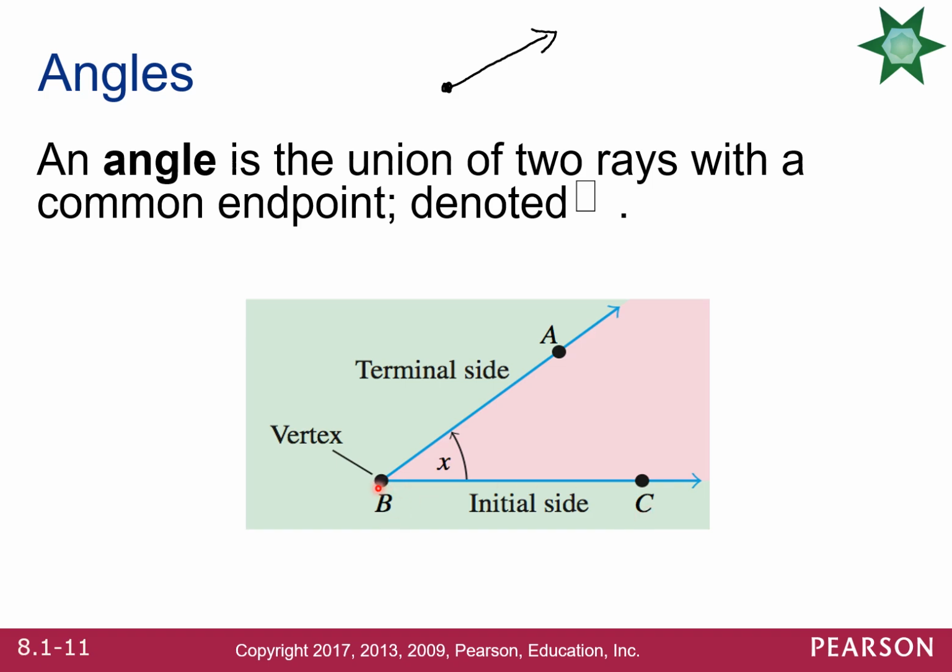B is the connecting point between these two rays. And look at how they have denoted the rays. Starts from B, connects with A, and extends in one direction. And how do we denote that? Using the arrowhead on that line.